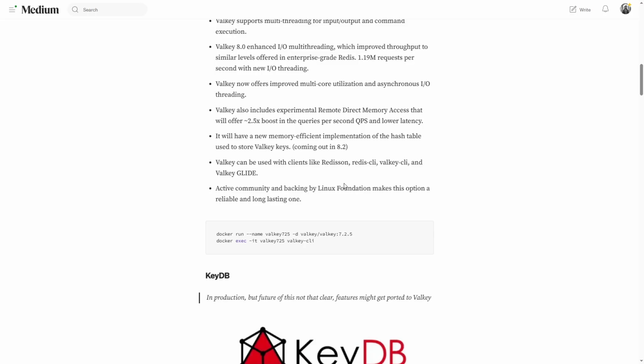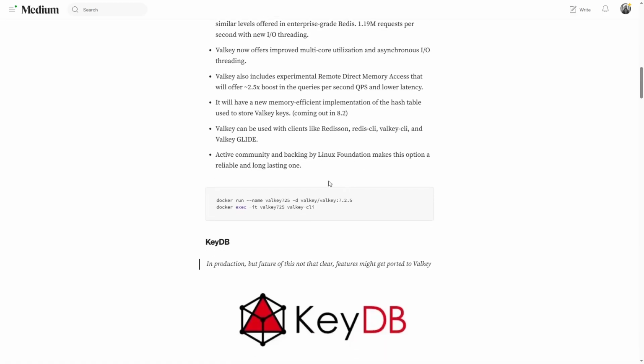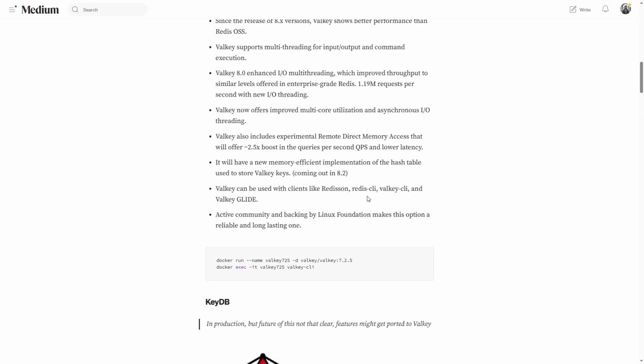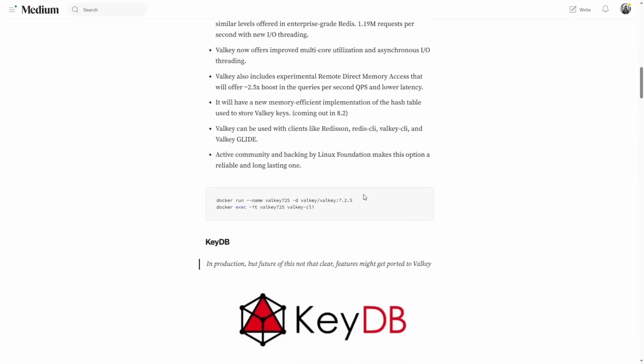So it has made a lot of improvements over open source Redis, and it now has feature parity equivalent to the enterprise grade Redis, which we used to get when we had a license from the Redis company. Not fully, but yes, it matches most of the things present in there.